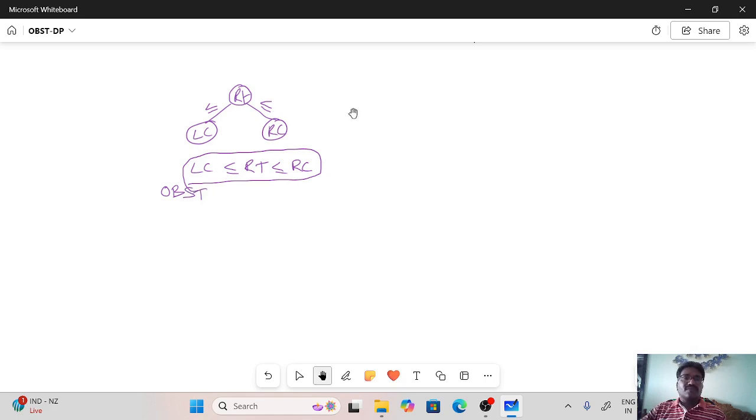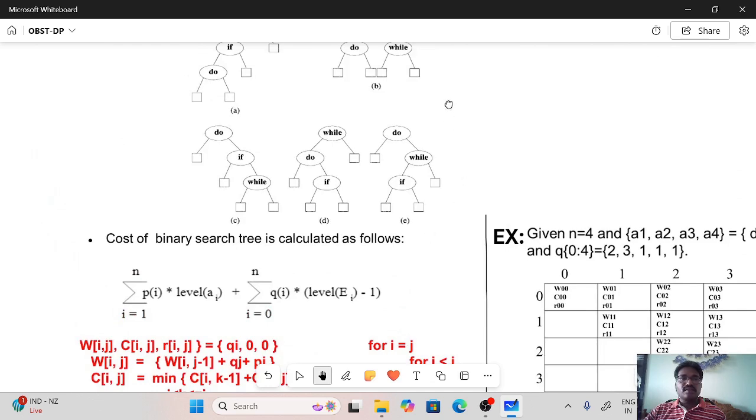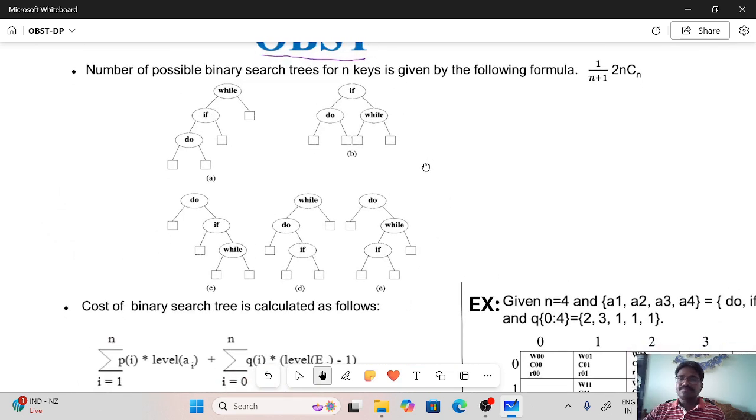So here the question for us is, how many binary search trees are possible with n nodes? When we have 3 nodes, nothing but 3 key elements, we have 5 different ways to construct the binary search trees. For example, our keys are do, if, while.